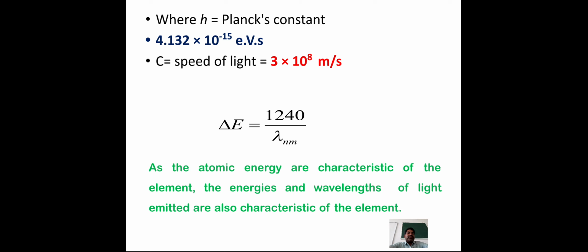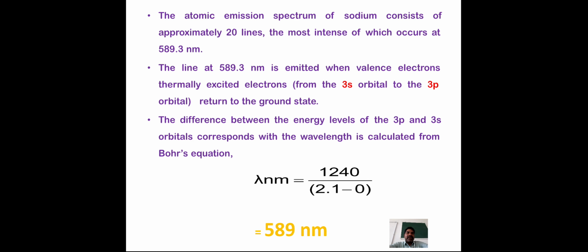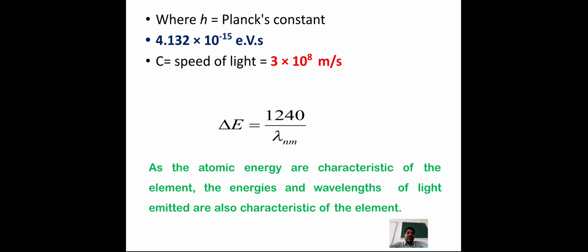When we substitute all those values of h times c, we get the numerical value 1240 by lambda, with lambda in nanometers. Rearranging lambda and delta E, we obtain a lambda value of 589 nanometers.